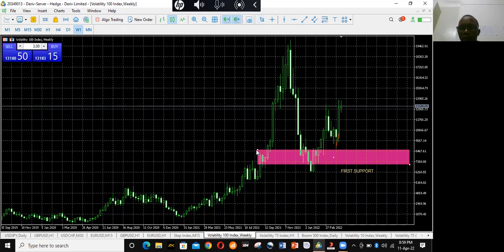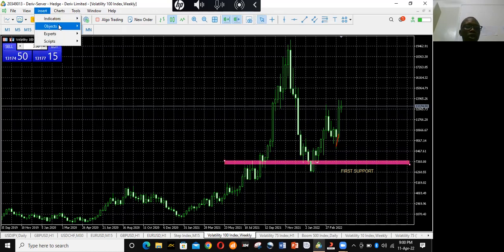Like I said before, we won't consider the false moves of the market. Instead, we will be considering the few candlesticks to the left. Make sure that your zone is very small and visible. Don't make your zone too big, because it will give you inaccurate results.